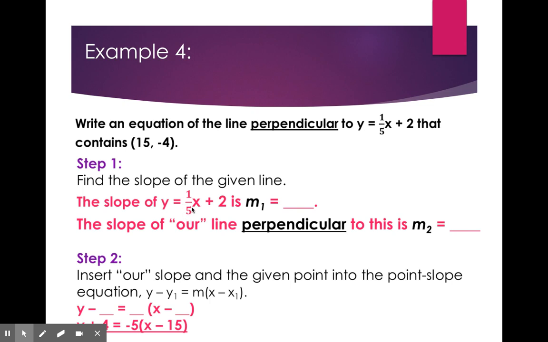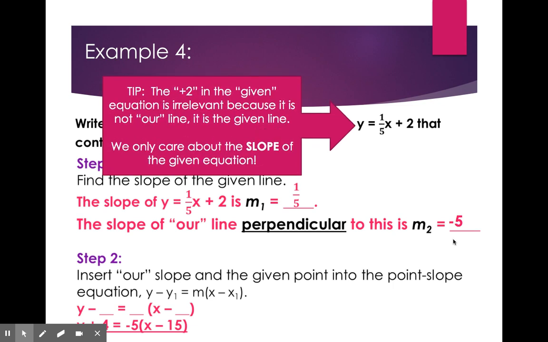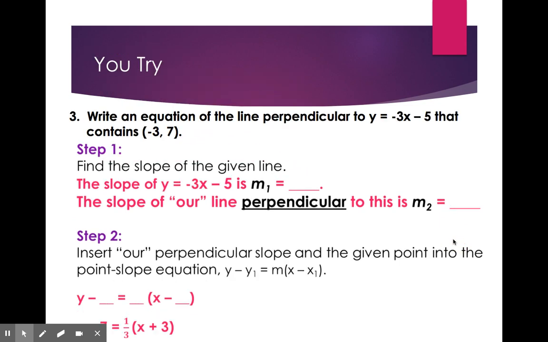And because this is a positive slope, our new slope will become negative, which will be -5. Okay. And so after you have your slope, you will then use that slope and this point, replace x with 15, y with -4, and solve using your brand new slope that you just found to find that missing b.